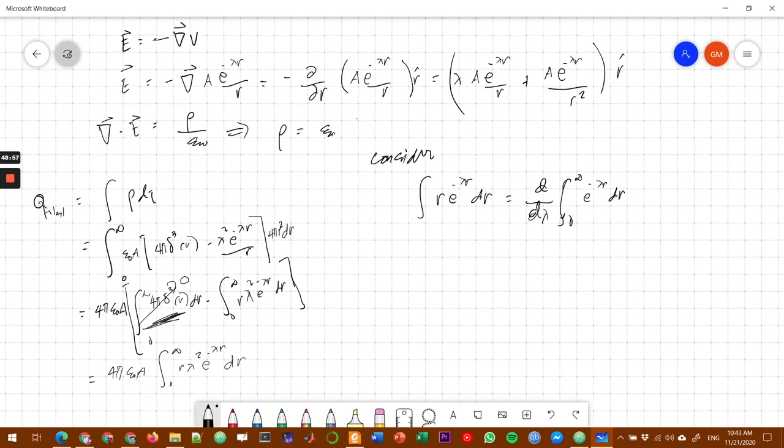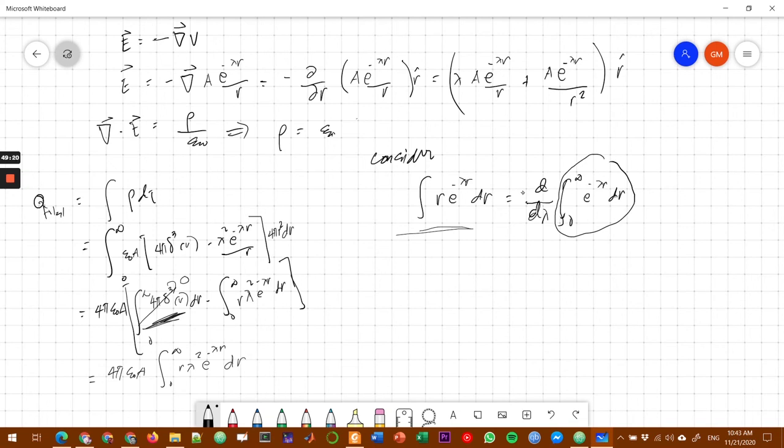If we differentiate this integral with respect to lambda, the equation stays the same. So it's actually the same. That's a very nice trick, because if we have this, it becomes easier to integrate. It's just a simple u-du integral, right?